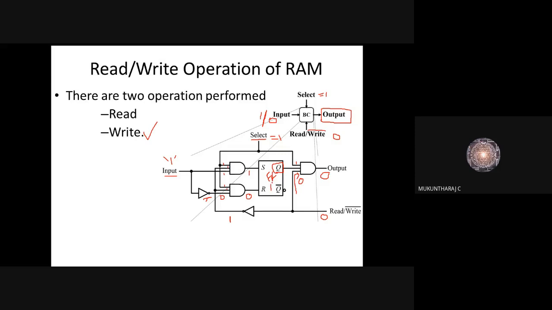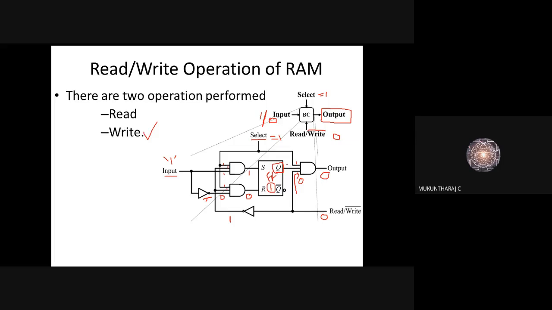So this flip-flop can have logic 1 on this Q. Now it means that we are writing the data. We are writing the logic 1 inside the SR flip-flop. Is it clear? By setting the Q, we are writing into the SR flip-flop.